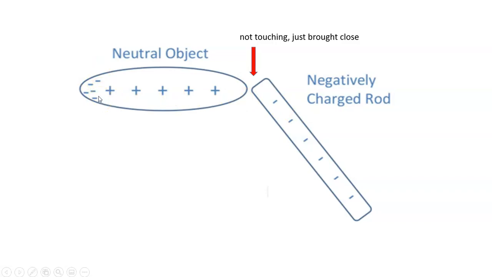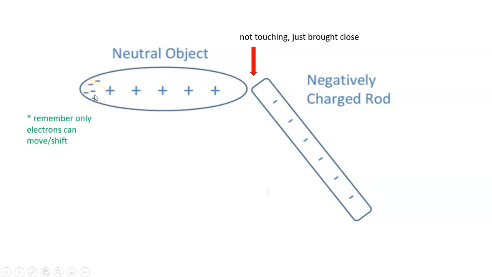Okay, so remember, like in the chemistry unit, we talked about how electrons can move. Protons cannot. So the positive charges in this neutral object are in the exact same position as they were in the first slide, or the slide right before this. It's just the electrons that have shifted.